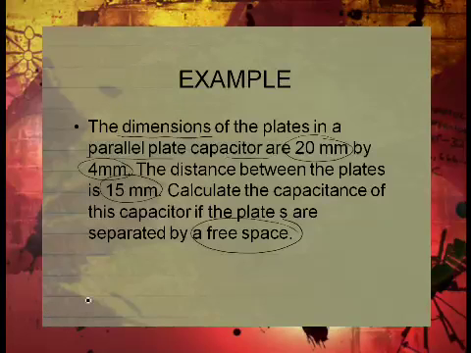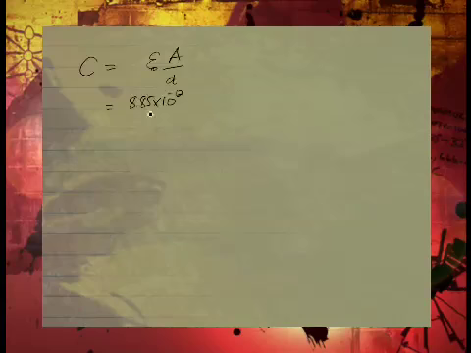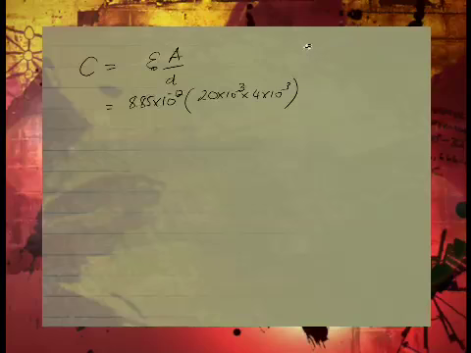Okay, coming to the others, area is 20 by 4 and the space between them is 15 millimeters. So this will be times the area, 20 by 10 to the power minus 3, times 4 by 10 to the power minus 3, because the area here is length times breadth.